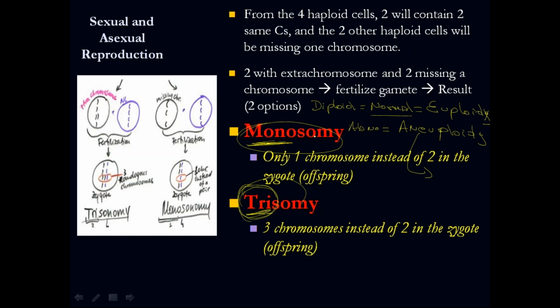For example, for monosomy we are going to have 45,X0. That is, for example, Turner syndrome. So in this patient, they don't have 46, they have 45. Why? Because they lack one of the sexual chromosomes. So she is not XX.